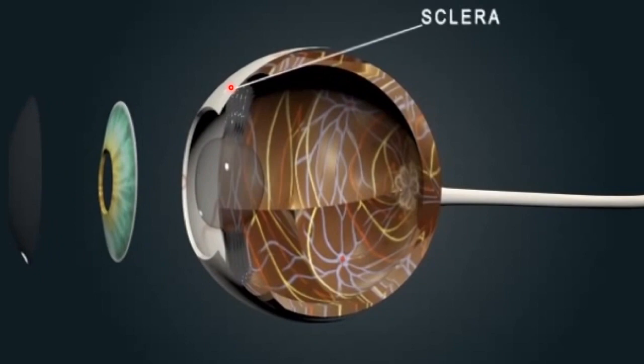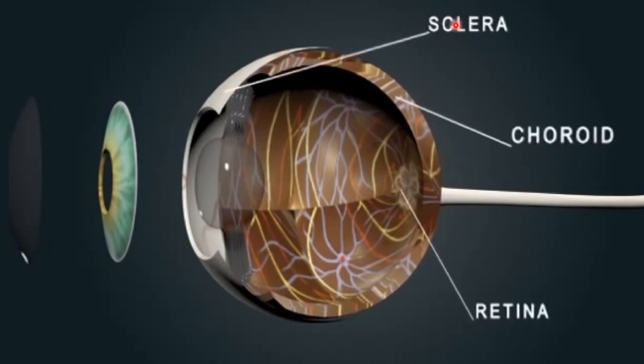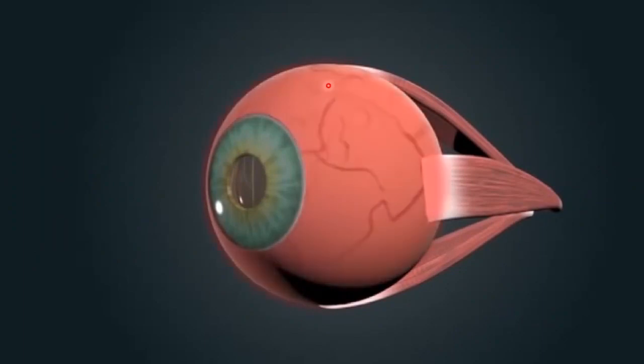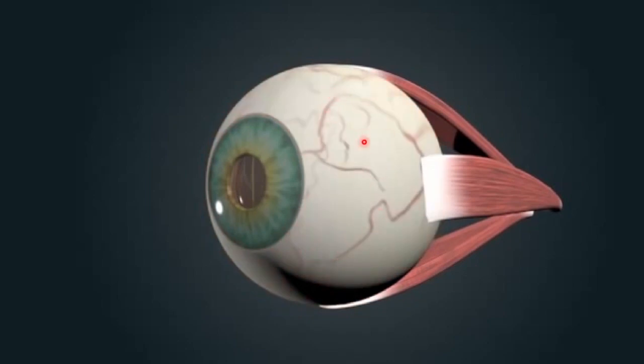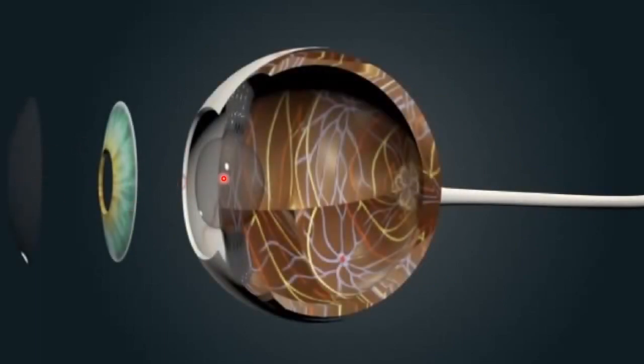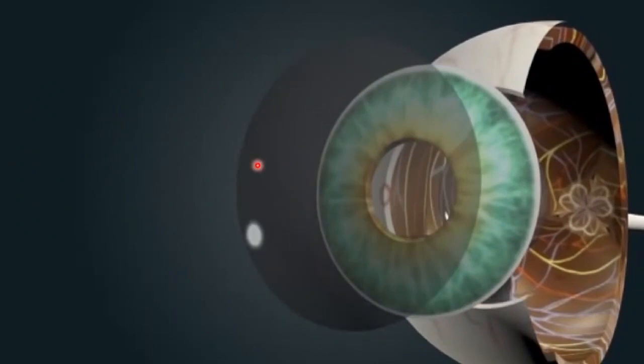Okay, so the outermost layer is the sclera, then the choroid, and then the retina. There is vitreous humor inside the eyeball. This white part of the eyeball is the sclera. These are connecting muscles. If we see the detailed view of the eye, the first part is the cornea, which is transparent, and it should be transparent.